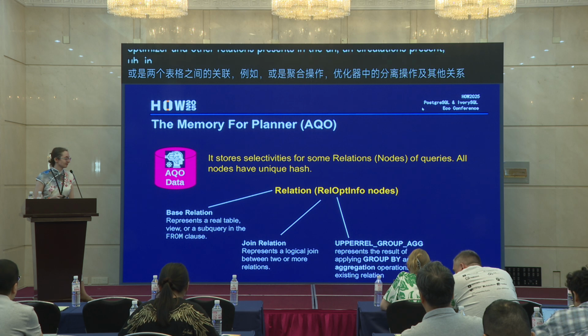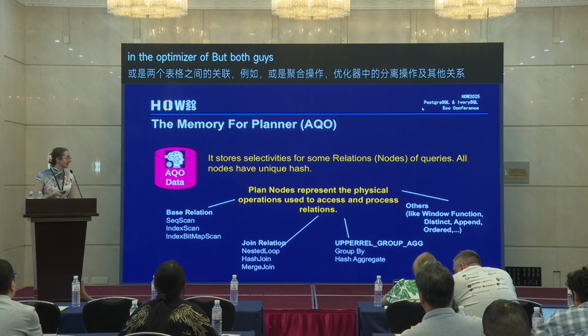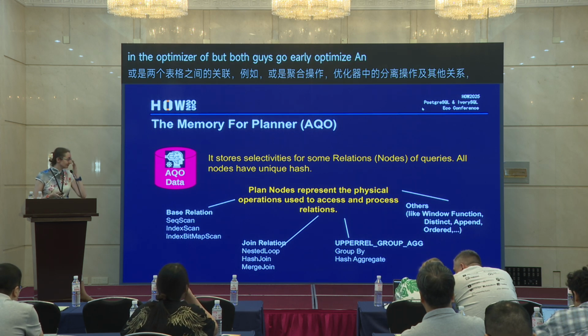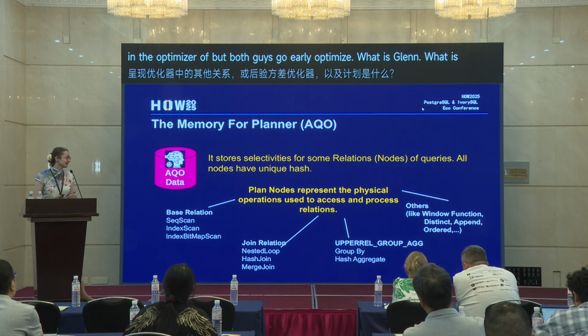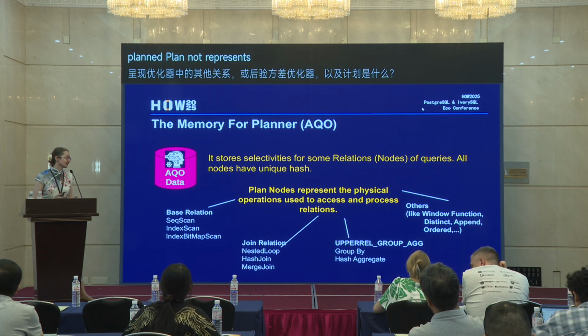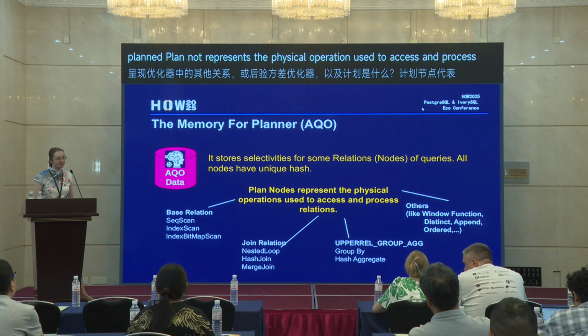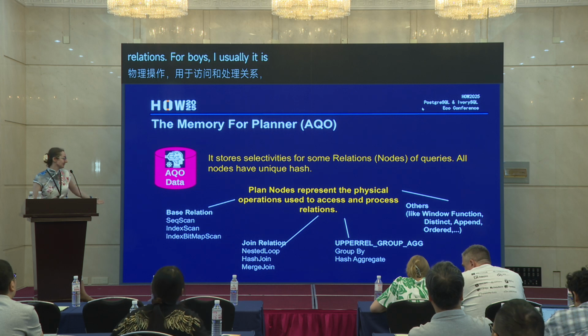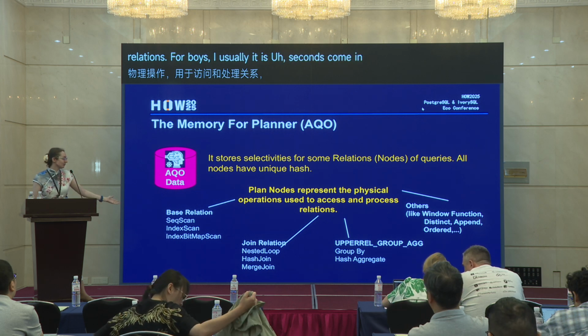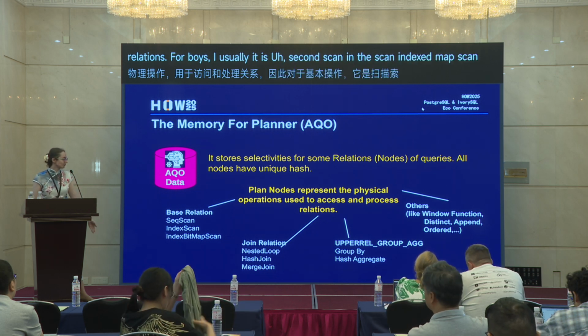And what is a plan node? A plan node represents the physical operation used to access and process relations. So for a base relation, it is sequence scan, index scan, bitmap scan. For a join relation, nested loop, hash join, merge join.